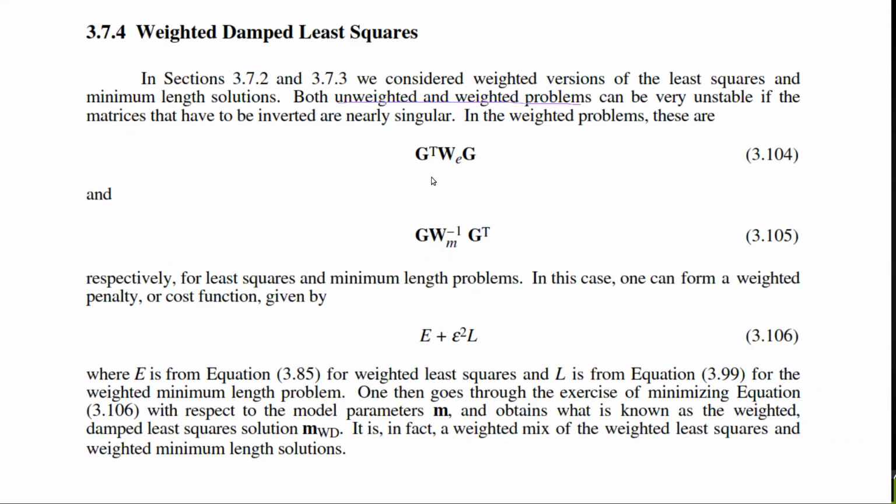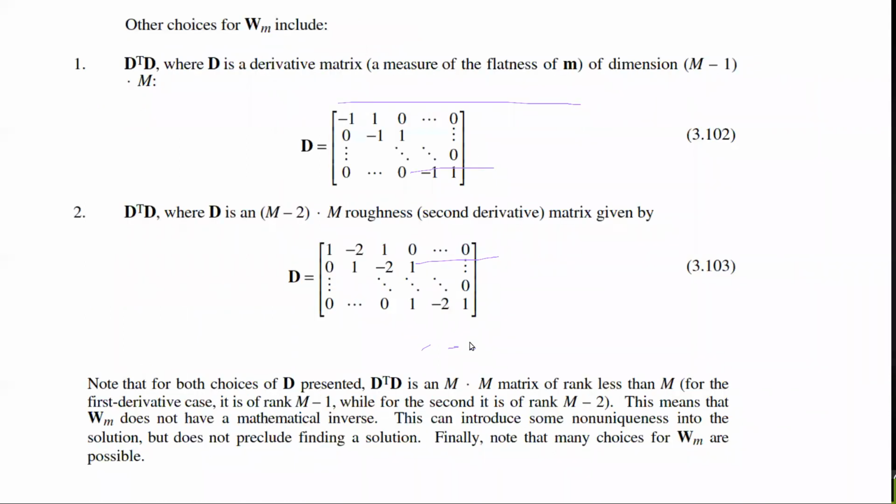Here I'm showing that this is the weighted least squares, this is the weighted minimum length solution, and then we can form some new objective function as E plus epsilon squared L, where epsilon now is what we call the damping parameter, and L is what was given here.